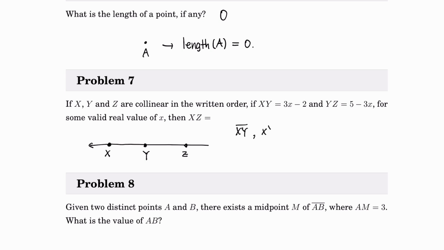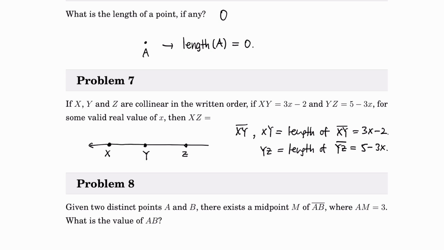Now, xy represents the length of segment xy. Now, this is written as 3x minus 2. And we get yz, which represents the length of segment yz. So I'm going to write it down. Length of yz. This happens to be 5 minus 3x.